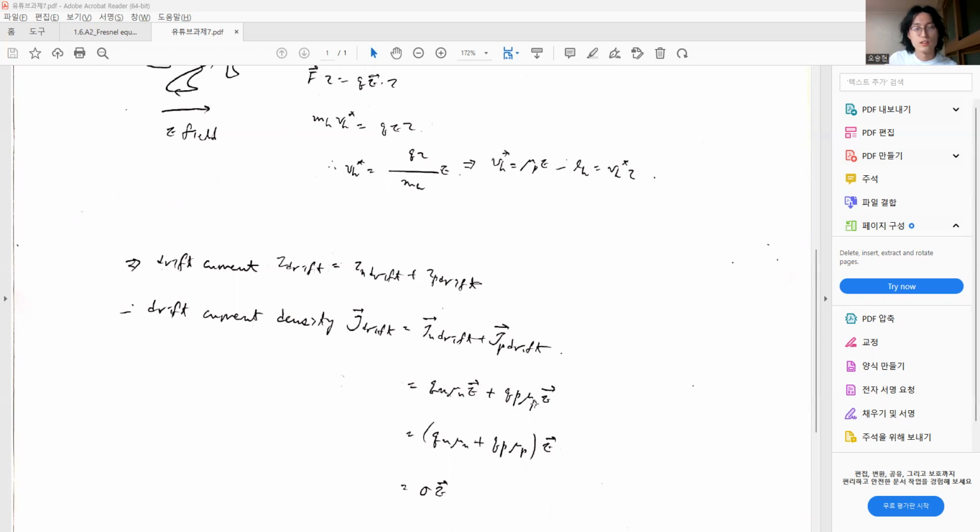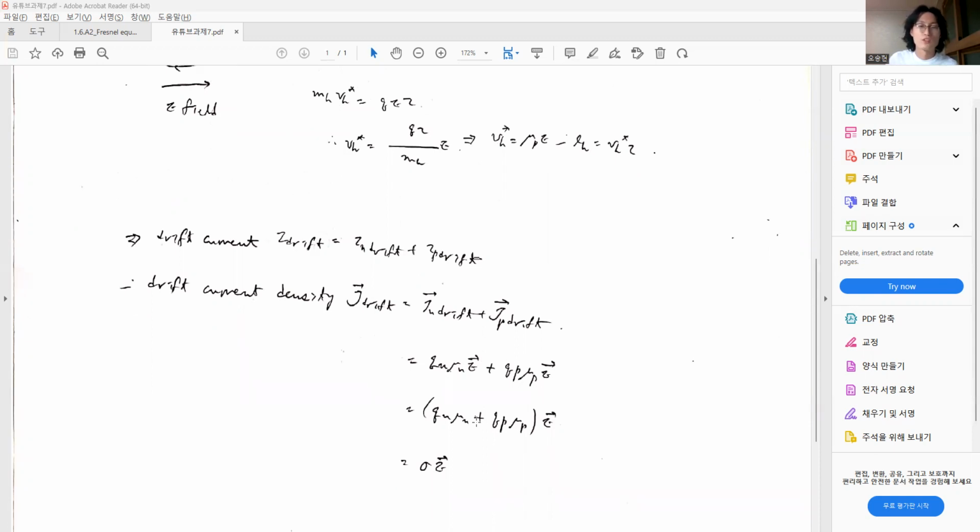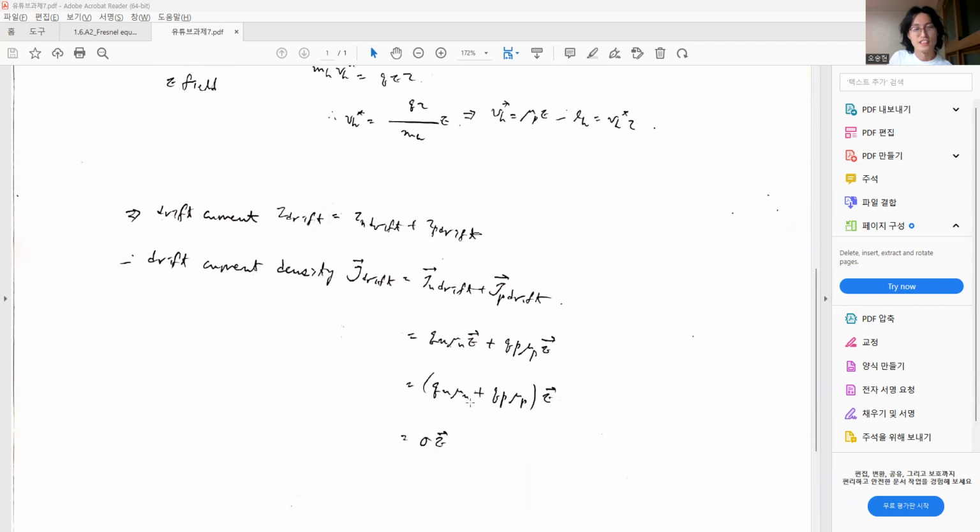And also this expression can be applied to the holes. So the total drift current density can be expressed like this. Here the coefficient is the sum of the charge density multiplied by the mobility of each of the holes and electrons.